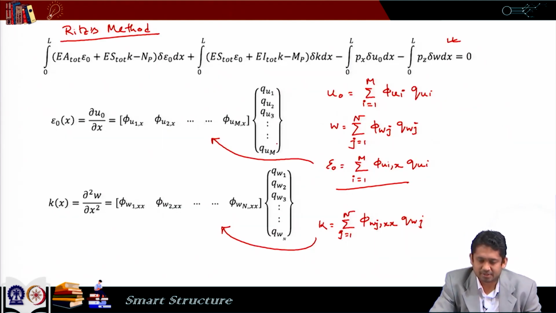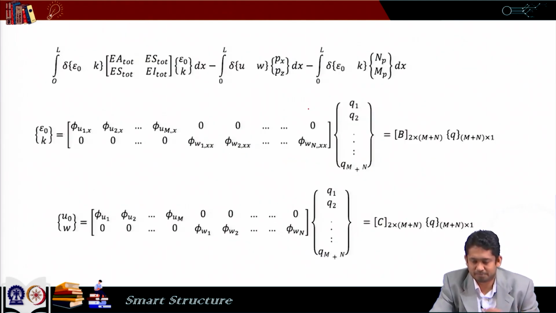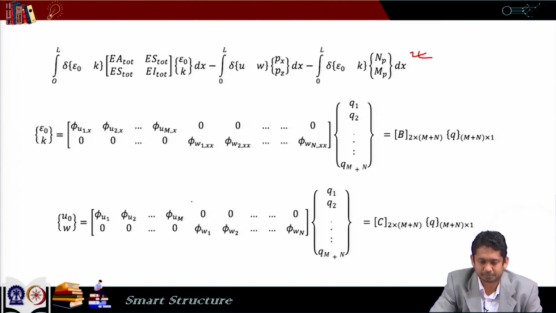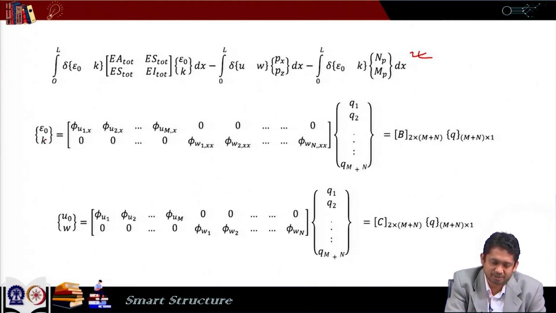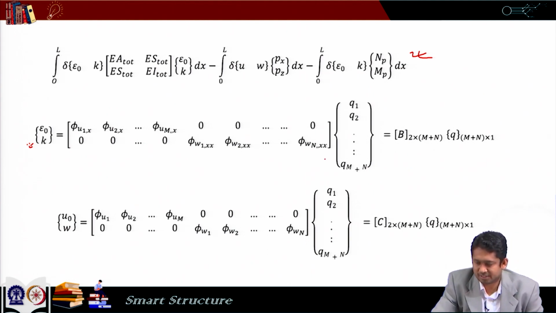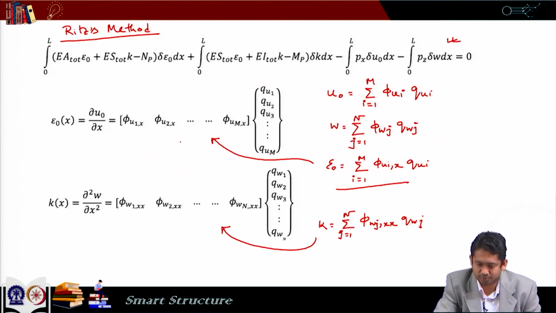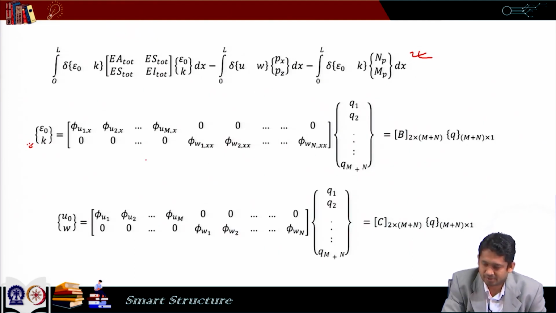So, this entire expression is written in a more compact form as this expression. We have defined epsilon 0 and k. So, we can define a vector epsilon 0 and epsilon k, and that can be written in this form. So, if we take the approximations of epsilon 0 and k from just what we did here, we can combine them and write it in this form. And now, let us give it a name, let us call it a B matrix, and which is of size 2 into m plus n.